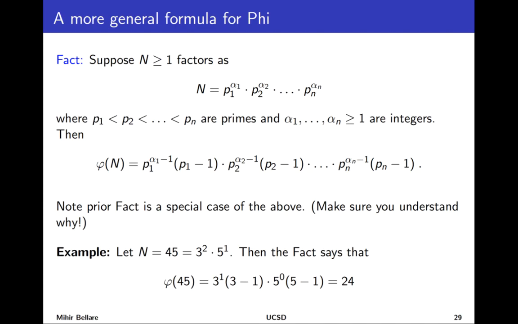You can see that our prior slide formula is just a special case of this when the number of factors is 2 and alpha 1 equals alpha 2 equals 1. If you want to find phi of 45, you factor it as 9 times 5, or 3 squared times 5, and then according to the formula it's 3 to the power 1 times 3 minus 1, 5 to the power 0 times 5 minus 1, which is 24.